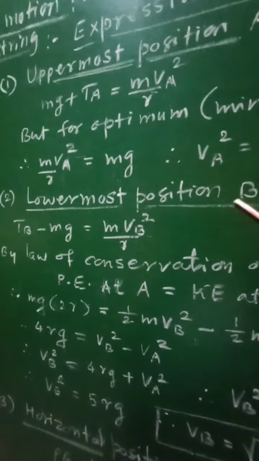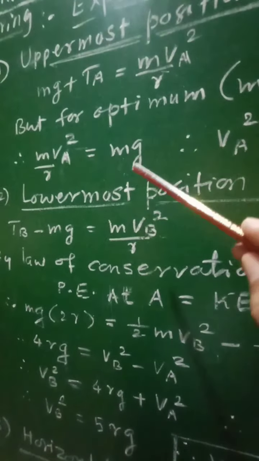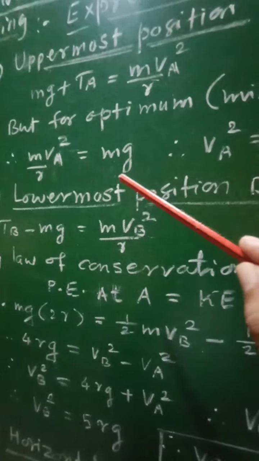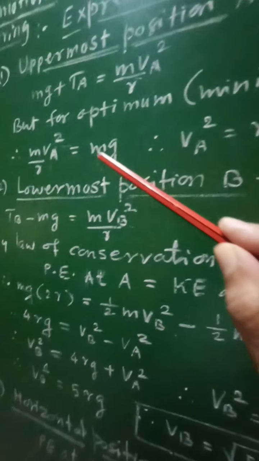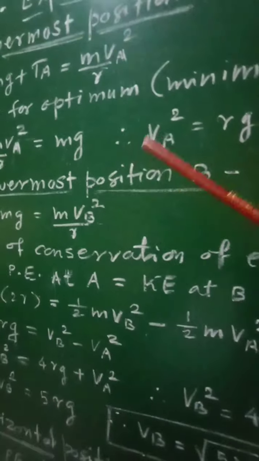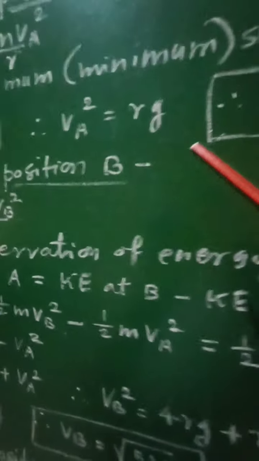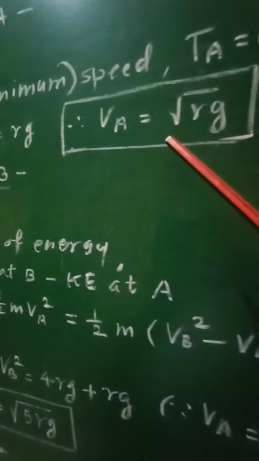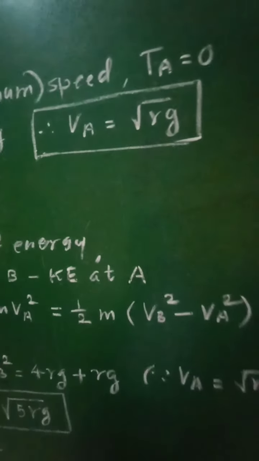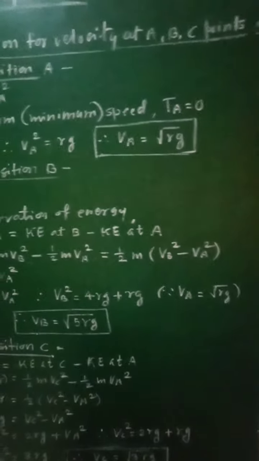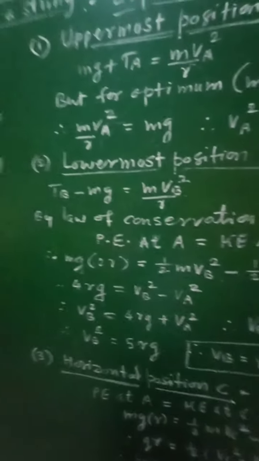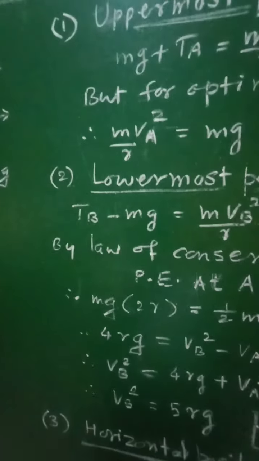Therefore from the above equation, m VA square upon r must be equal to mg. m will get cancelled on both sides, therefore VA square will be equal to rg. Taking square root, we can write VA equal to root rg, and this is the optimum or minimum speed of that bob at the highest position or the uppermost position.